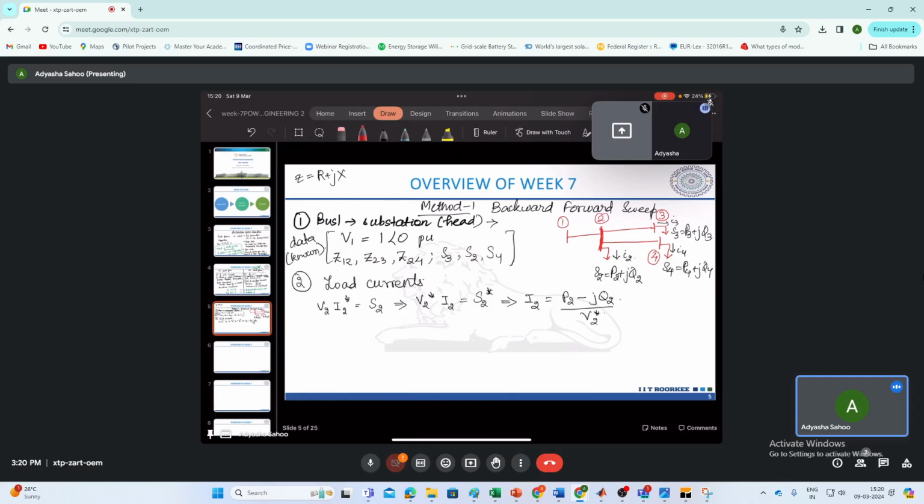So for the first iteration, basically when you start the first iteration, we consider a flat start similar to the transmission system load flow also. So flat start means we assume that the initial voltages at bus 2, 3 and 4 is 1 angle 0.